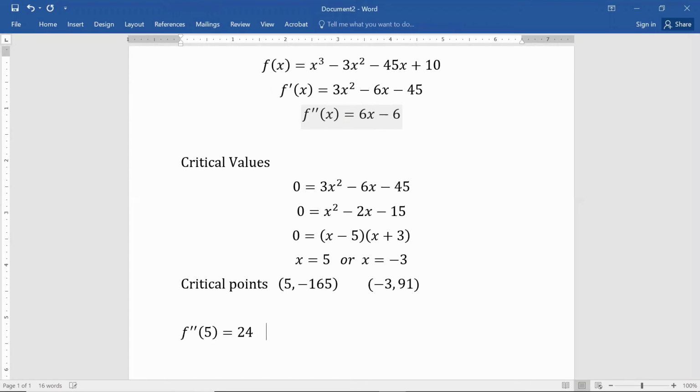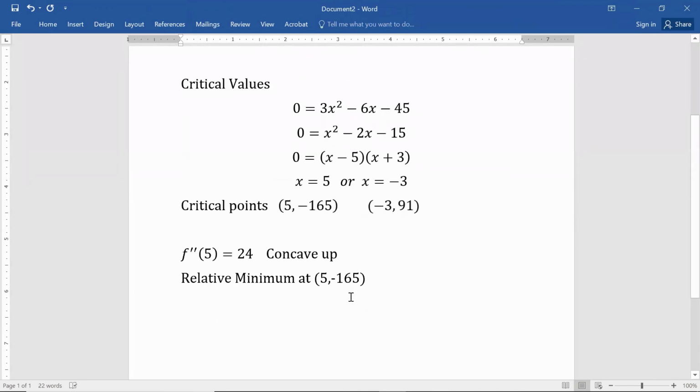The key thing there is that that's positive. So we know when we have an x value of 5, we're concave up. Concave up means we have a relative minimum at the point 5 comma negative 165.